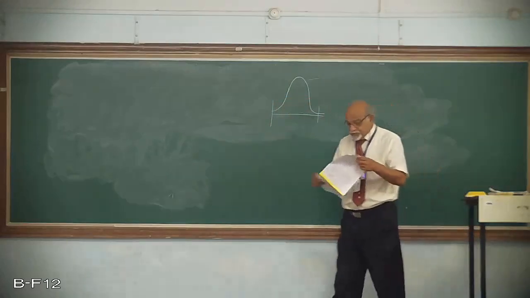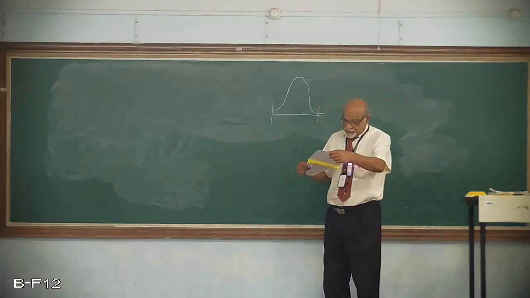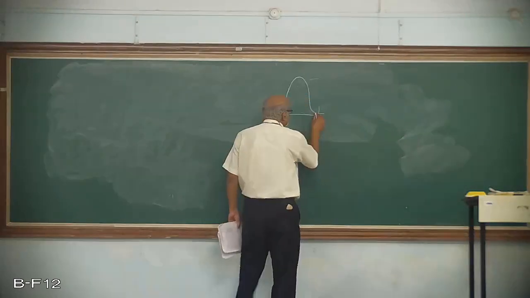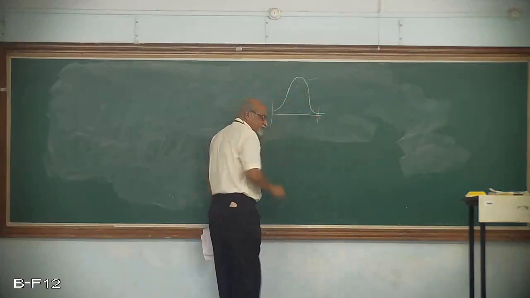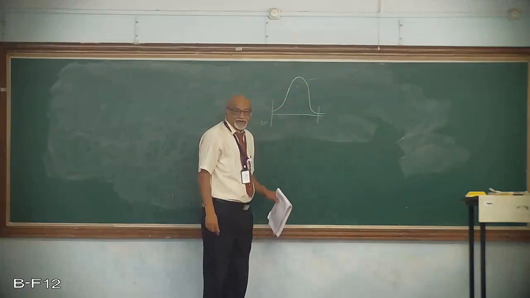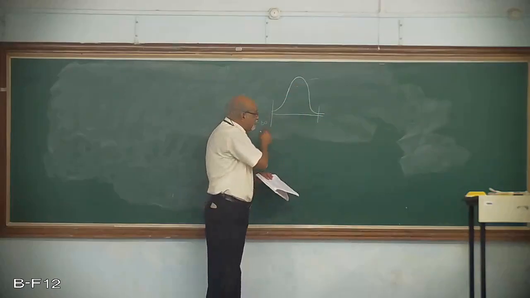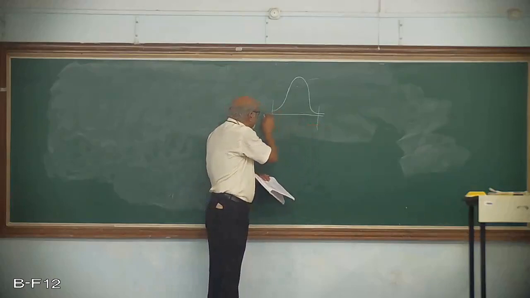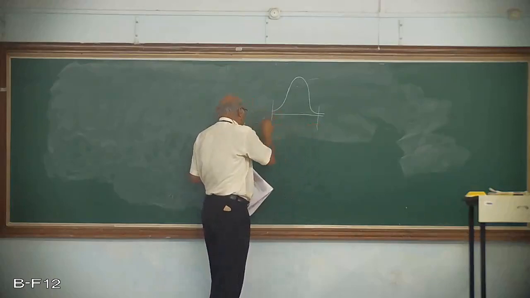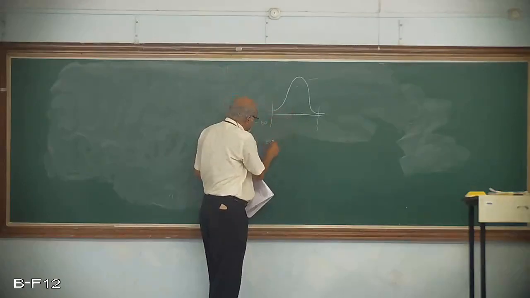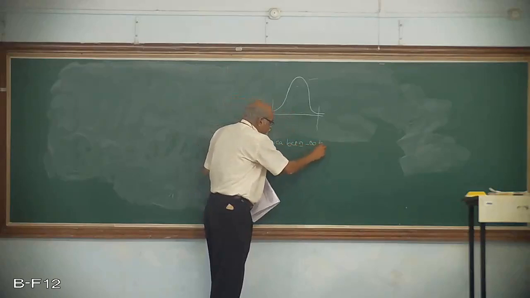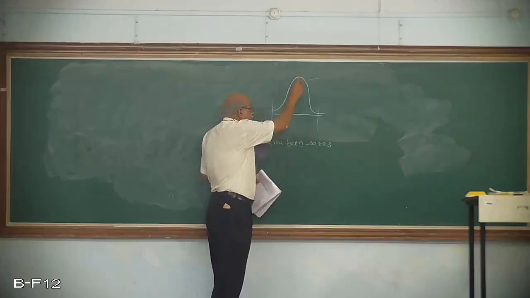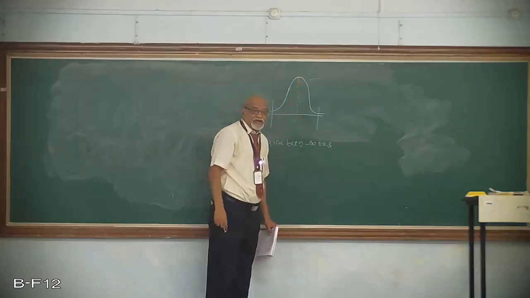With respect to plus 3, it is something around 0.99865, that is the area between minus infinity to plus 3, because we are referring to the standard normal table.